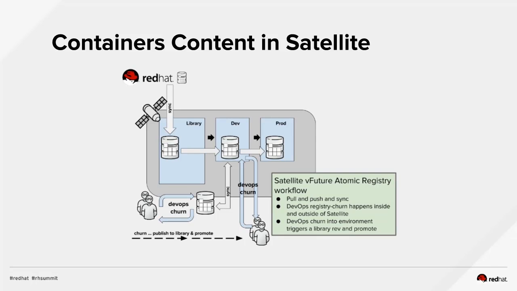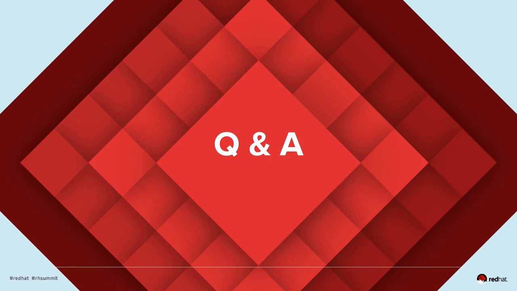So we saw that with the Cloud Suite, you have everything in place: your internal infrastructure, external cloud, OpenShift container platform, management, content, and proactive analysis. So with that, we can move to questions.